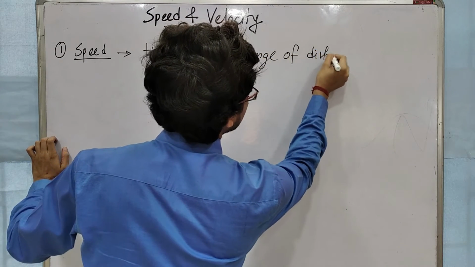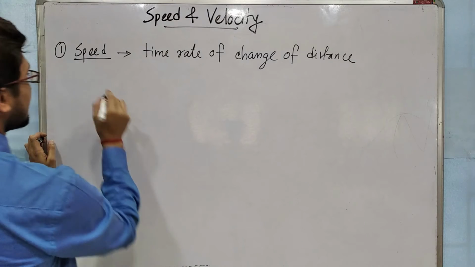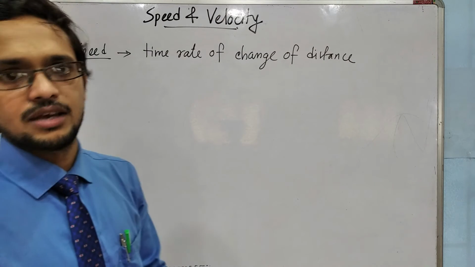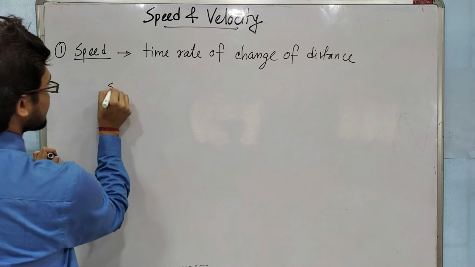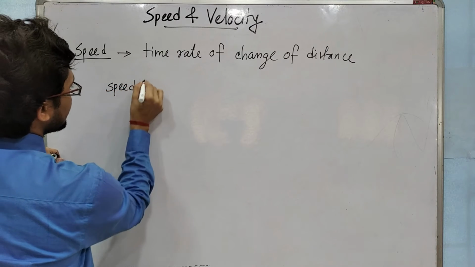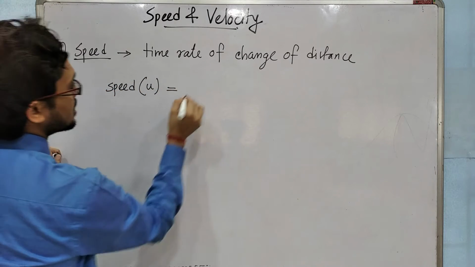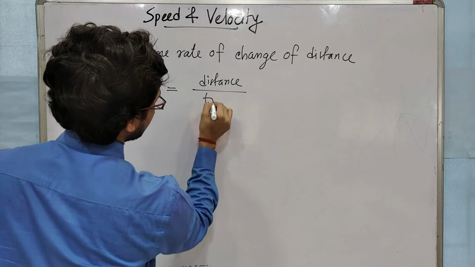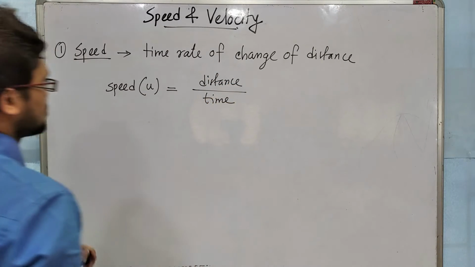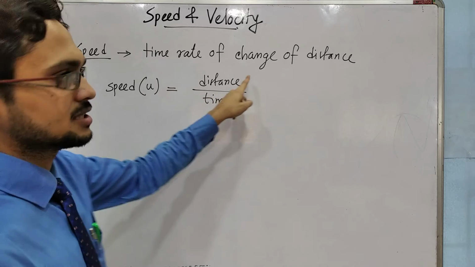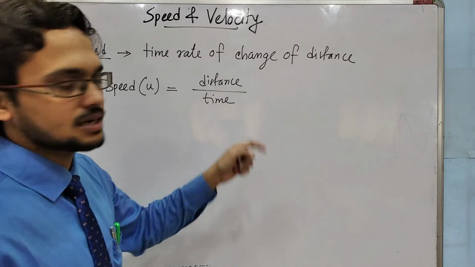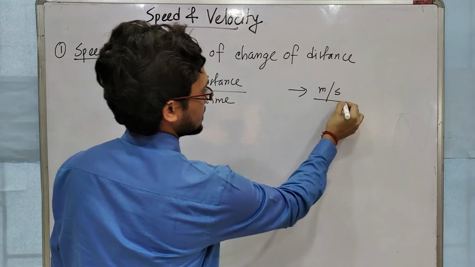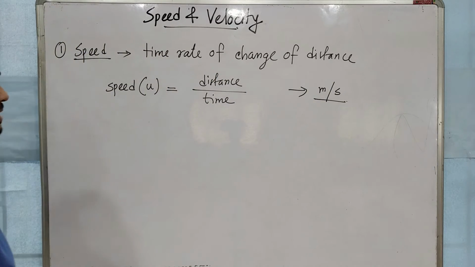The formula is, speed is denoted by u or v, so speed u equal to distance by time. So what will be the unit of speed? Distance means meter, time means second, so SI unit will be meter per second.